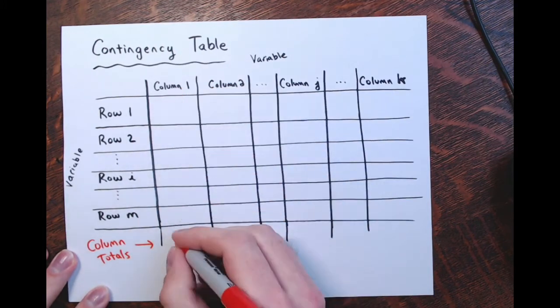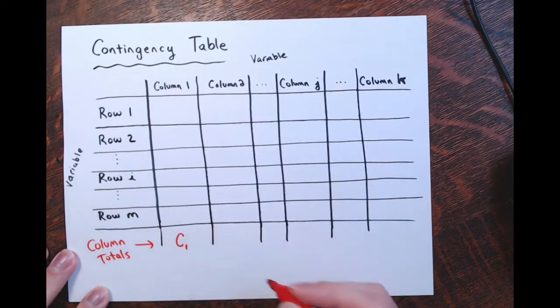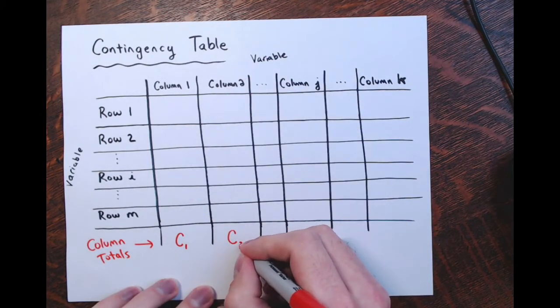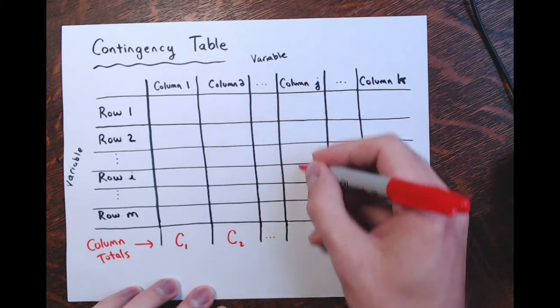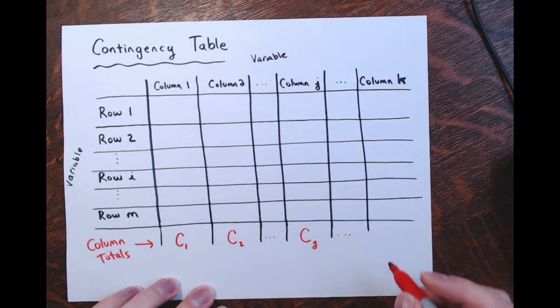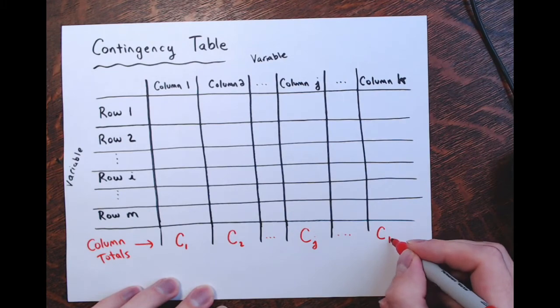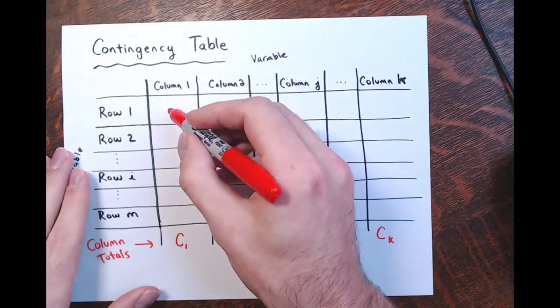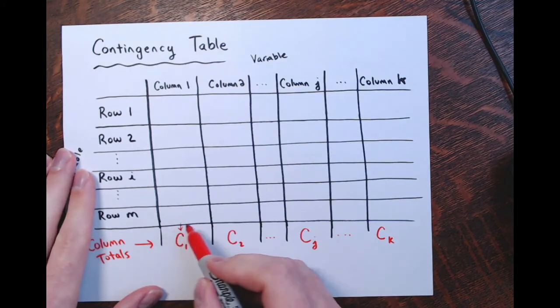C1 is the total of all the column 1 values, then C2, dot dot dot, then CJ, dot dot dot, and then CK at the end. Again, this is just the sum of all the values in this column.